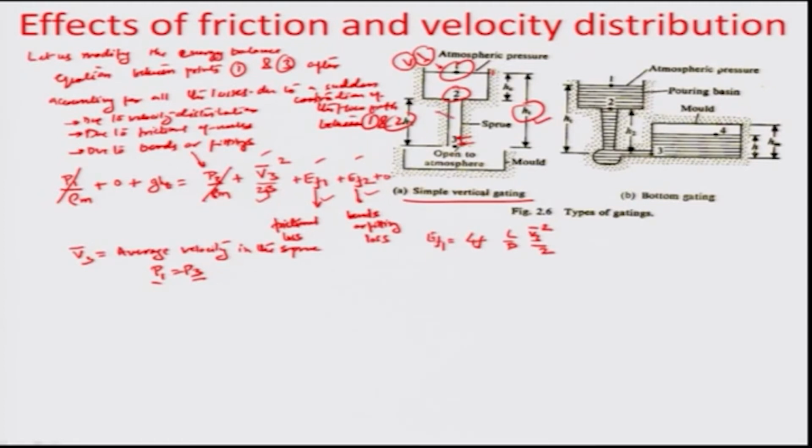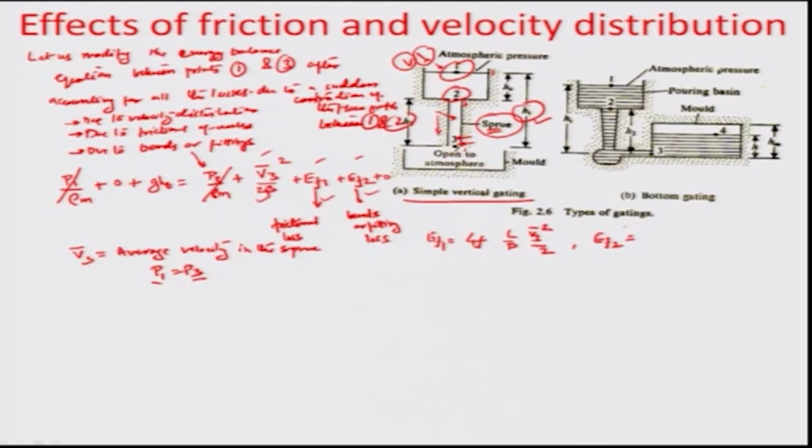V3 is the velocity equal to V2 of this particular section of the top gating system, which is the sprue section. You know that this is a constant area geometry, where whatever be the inflow would be the outflow for mass continuity to hold true.